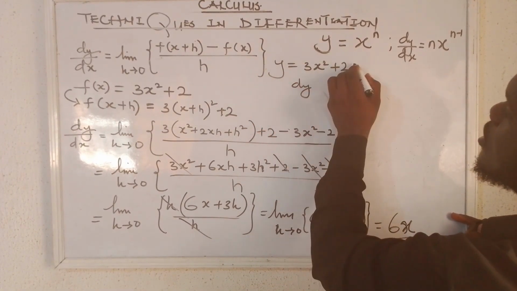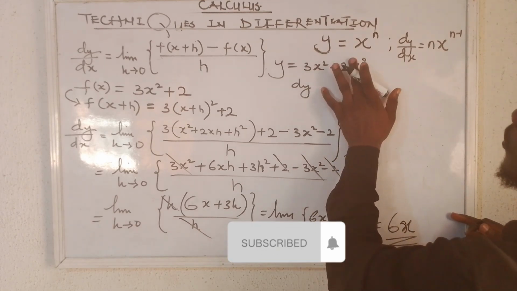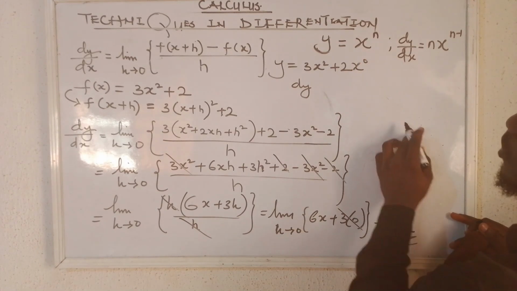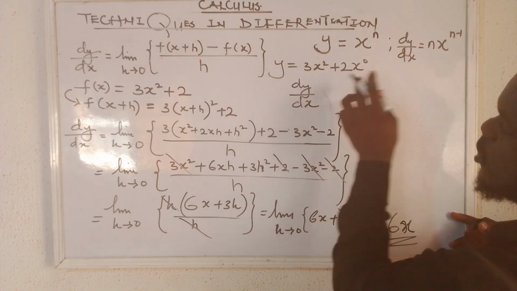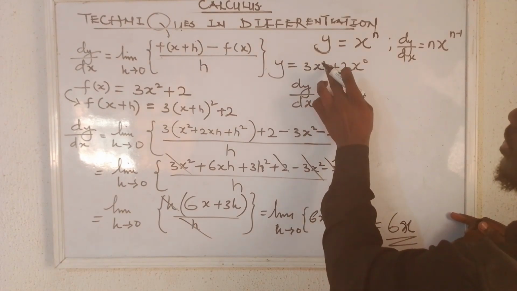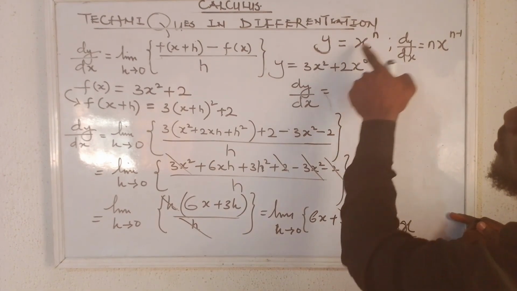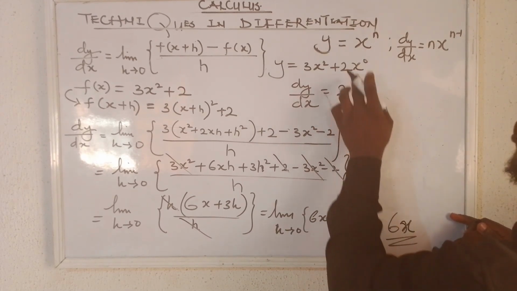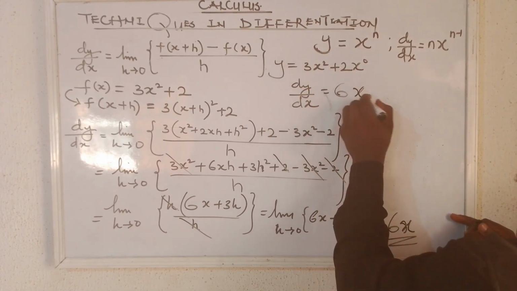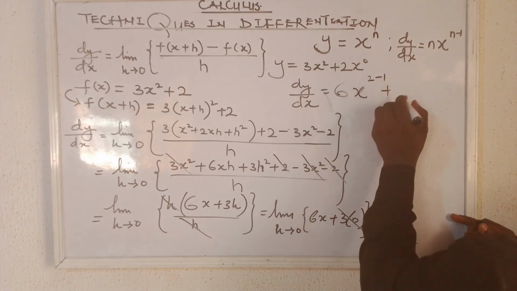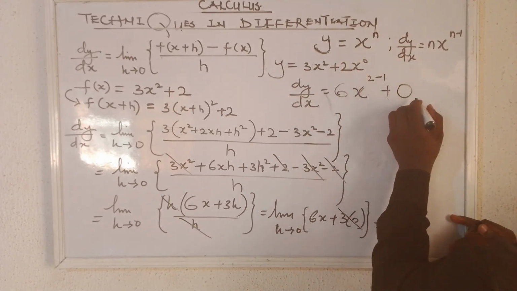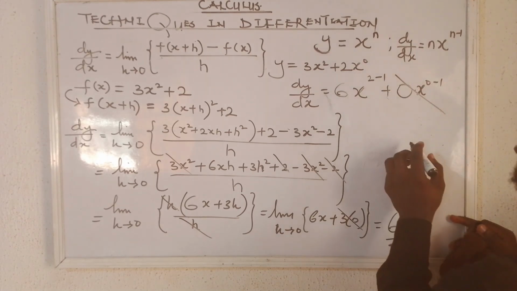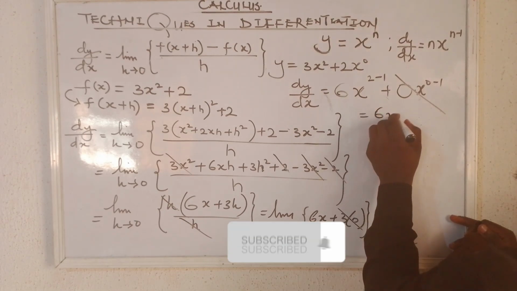Don't forget there is an x to the power of 0 with the 2, because we are differentiating with respect to x. The 2 comes forward, so 2 times 3 gives 6x. You subtract 1 from the power 2, and the 0 multiplies the 2 to become 0. So everything with the 0 becomes 0, and finally we have just 6x.